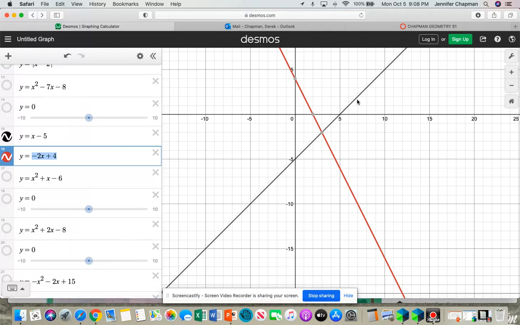My black function is greater than my red function, right? What about when it's 12? My black function is higher than my red function. So as soon as I pass that x value of 3, my black function is greater than my red function. So my answer with this one would be when x is greater than 3.